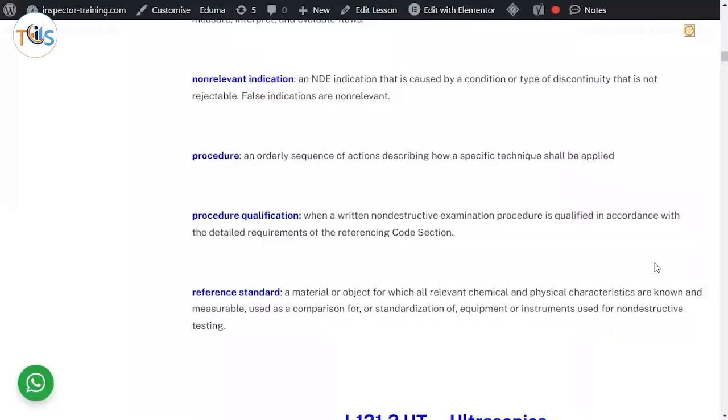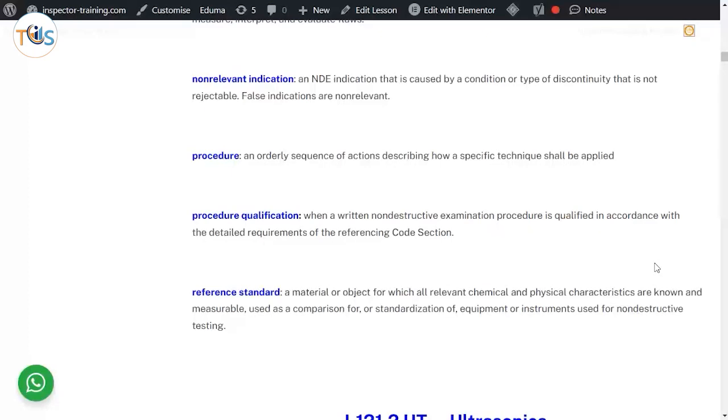And procedure qualification, you have to somehow demonstrate that the procedure you have written and you are working according to can actually detect the minimum required flaw, or the type of the flaw that you need to detect by that procedure. So in order to demonstrate that, you get a block with a known defect in it.